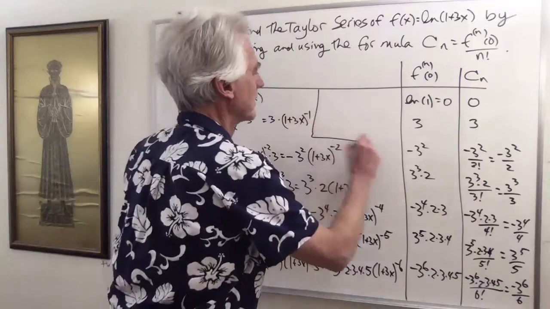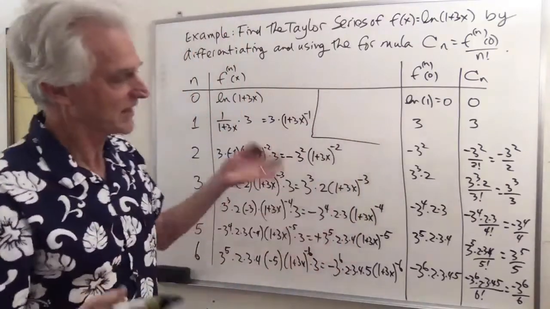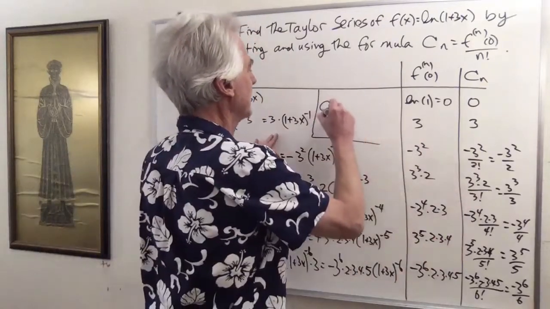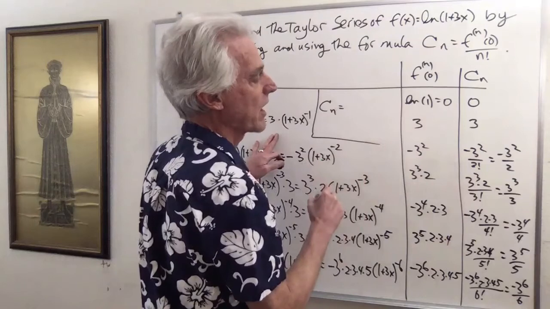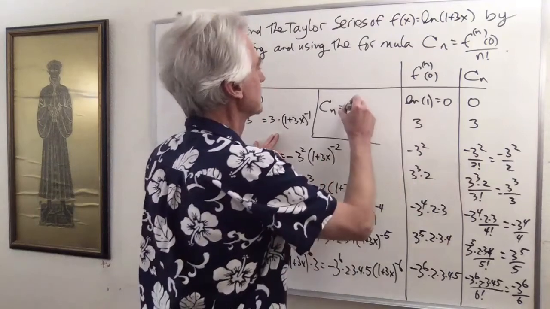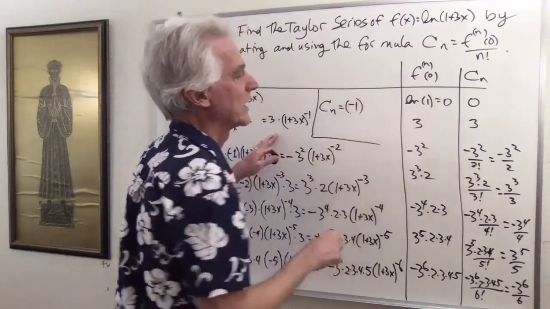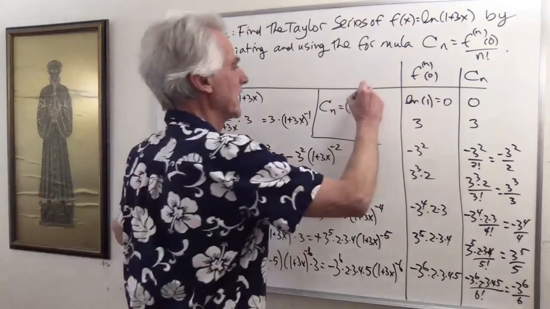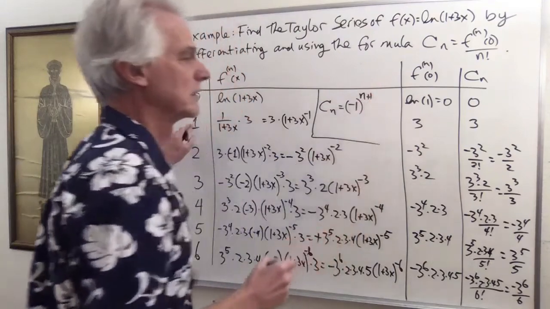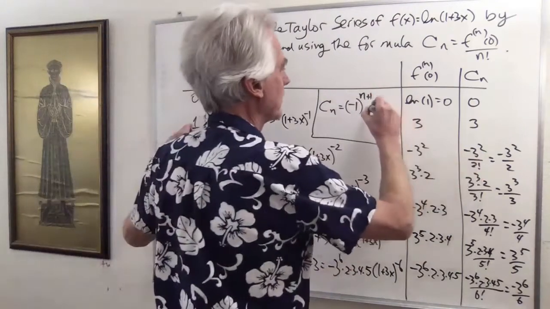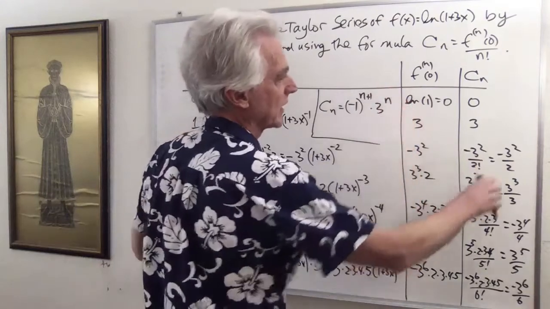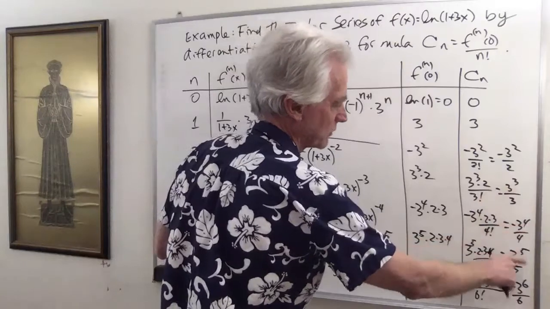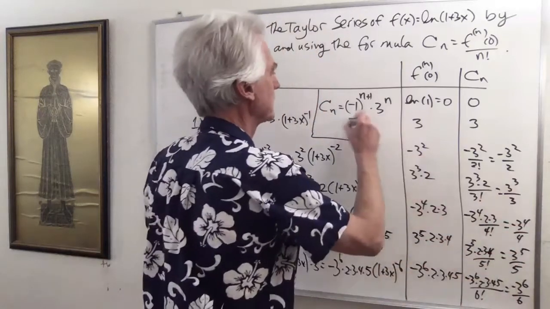So clearly you see the pattern. Cn is a plus or minus, and when n is odd it's plus, so this has got to be n plus 1. And then I have 3 to the n: C2 has 3 squared, C3 has 3 cubed, 3 to the 4th, 3 to the 5th. And what's the denominator? Just n.